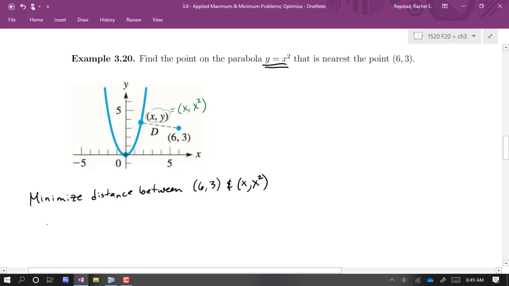So this distance, we can just use our distance formula, right? We know how to get the distance between 2 points in the plane. The distance formula is the square root of (x2 minus x1) squared plus (y2 minus y1) squared.